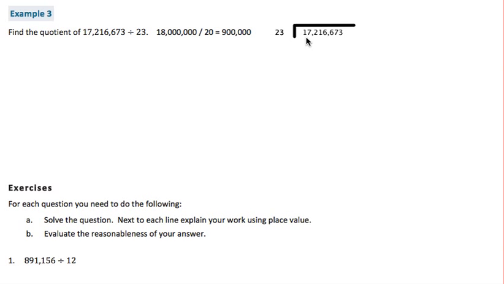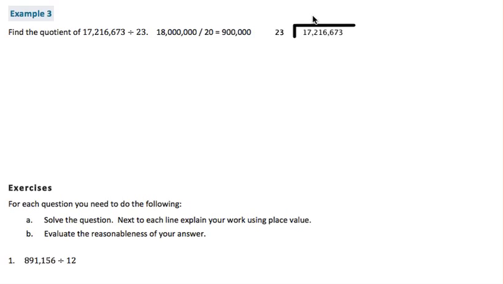23 won't go into 1, 23 won't go into 17, but 23 will go into 172. Those are our first 3 digits. Looking at the 2 in the 23, I know the maximum it could go into 17 would be 8 times.